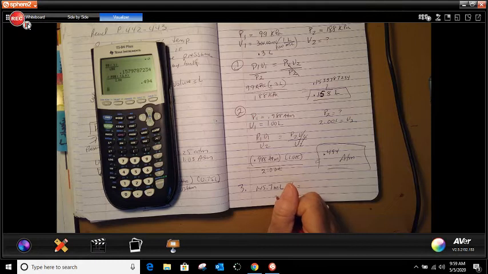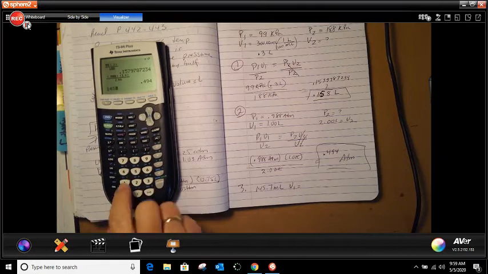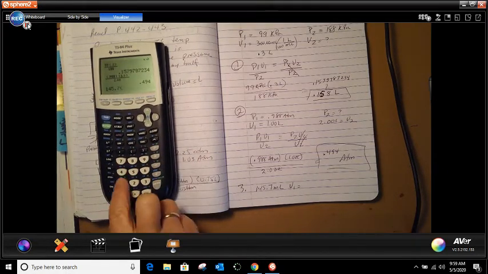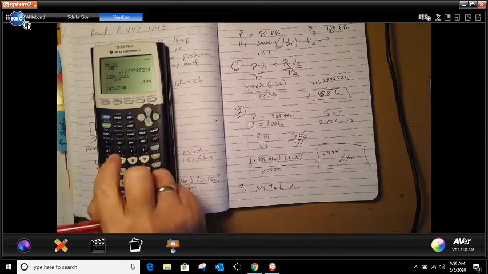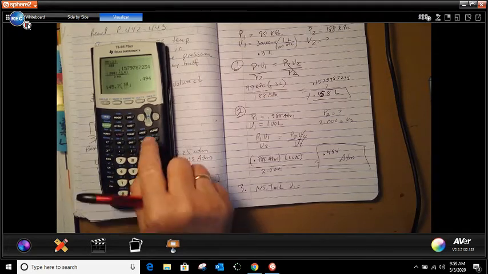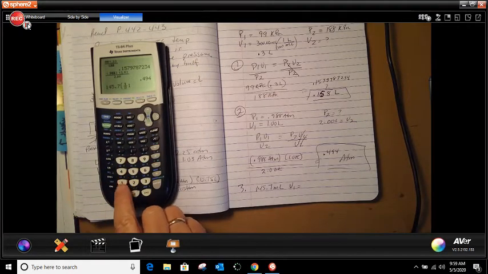So we did milliliters before. So when we changed milliliters before, we did 145.7, open bracket, alpha Y, enter, 1 divided by 1,000.